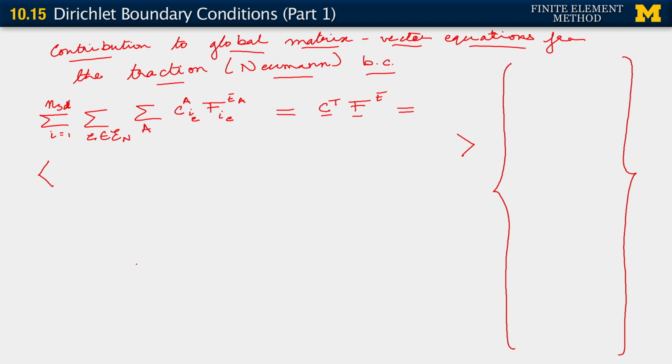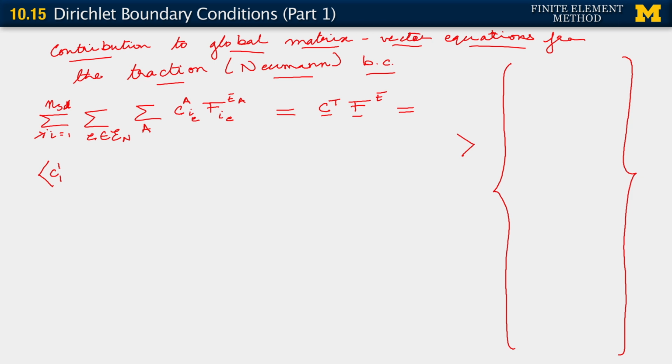Sticking with the same assumptions I'd made before, we have a contribution from the very first numbered global node, because I'm considering the case where we do not have Dirichlet boundary conditions on any degree of freedom on the first node. So, we have C1, and we're working with the outer sum first, the sum over spatial dimensions.